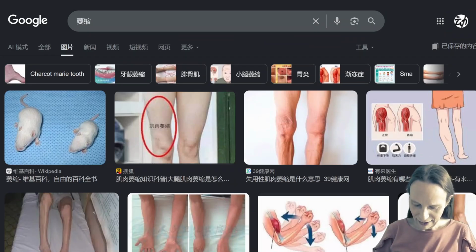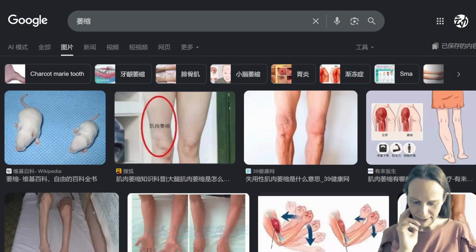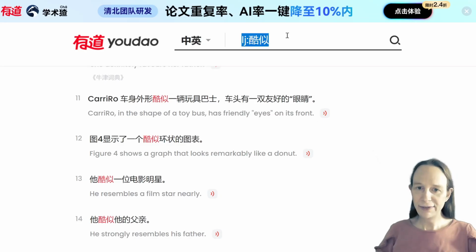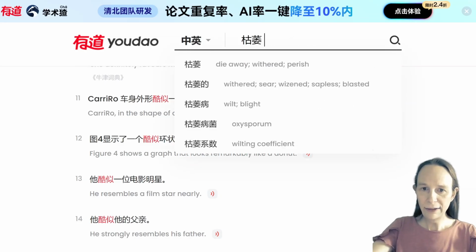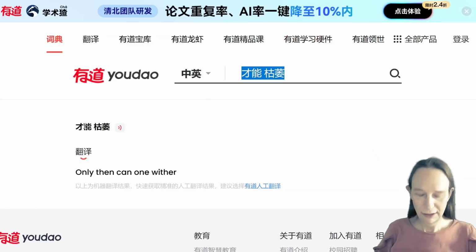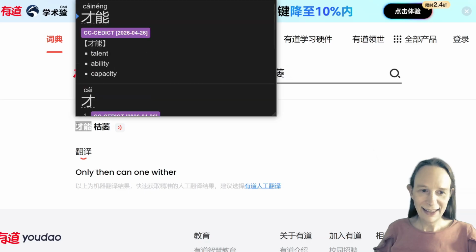Okay. 荷叶日渐枯萎，脱离了人民，任何才能都将枯萎. So 枯萎 can be used figuratively. 枯萎才能. Yeah, unfortunately there is.